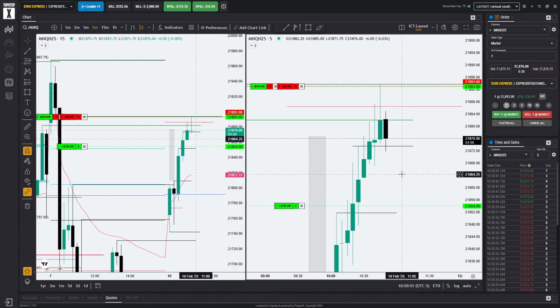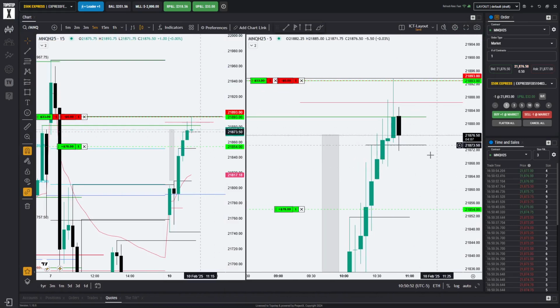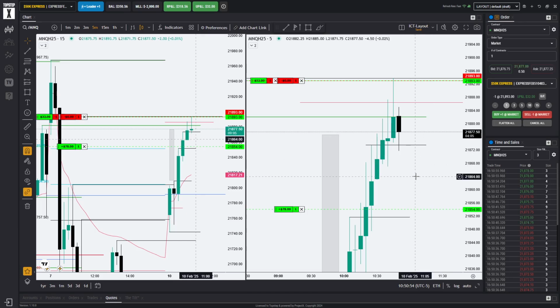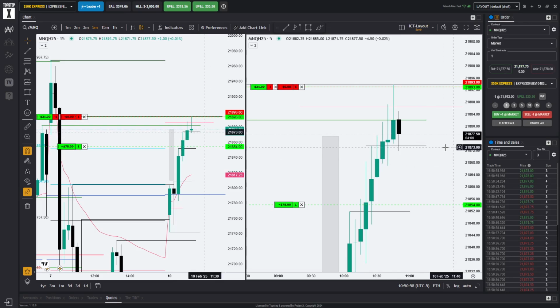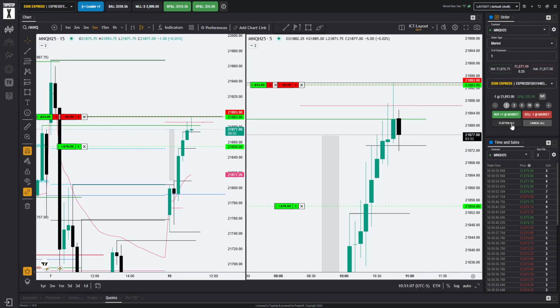But NQ likes to exaggerate always. Both sides, long and short. So, come on. You know what? It was just one drop. Let's see if we're gonna get the continuation, or we will reverse, reload.